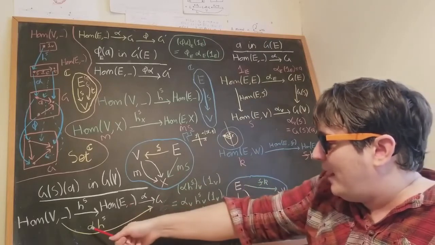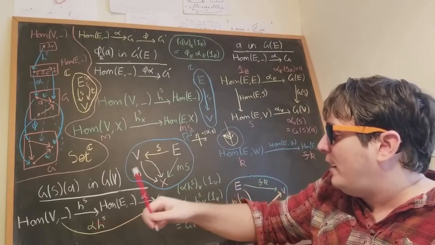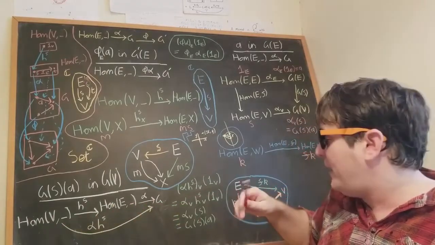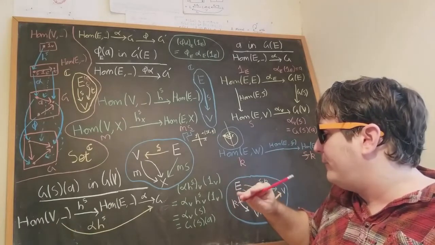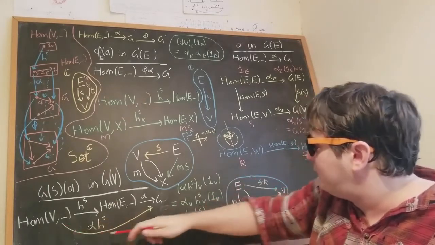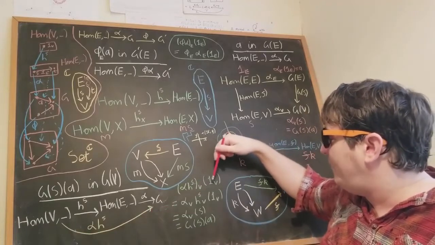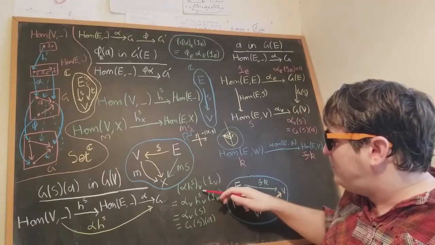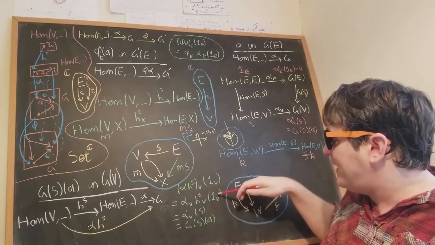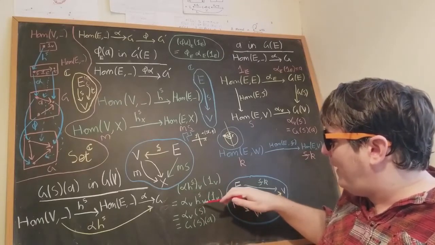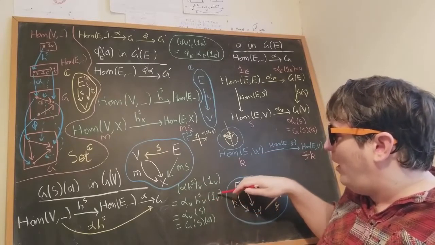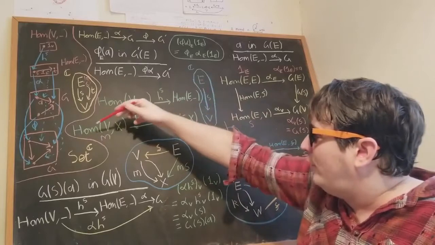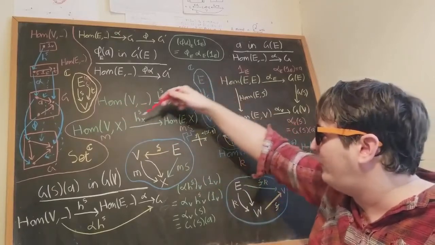It's just that here, alpha after H to the power of S is a natural transformation from hom(V, blank) to G. So we want to take the Vth component of this natural transformation and operate it on the identity of V. We get alpha V after H to the power of S of V operating on identity of V. So what's H to the power of S of V operating on identity of V? Well, we see how this function associated with the component of H to the power of S works.